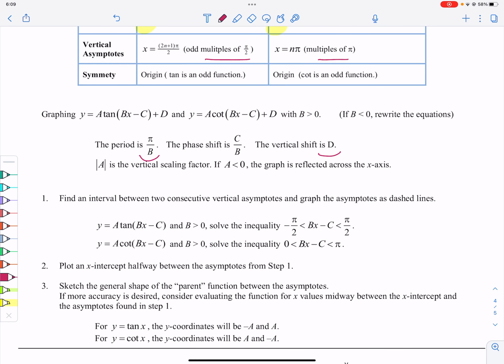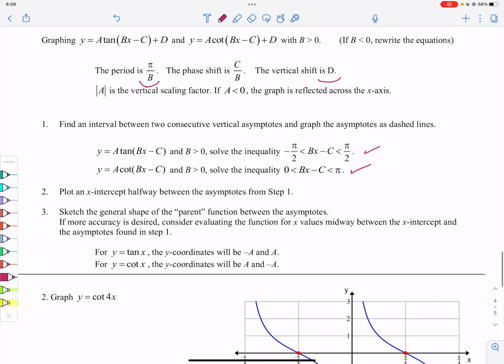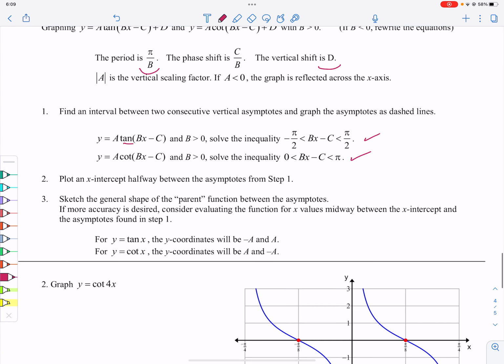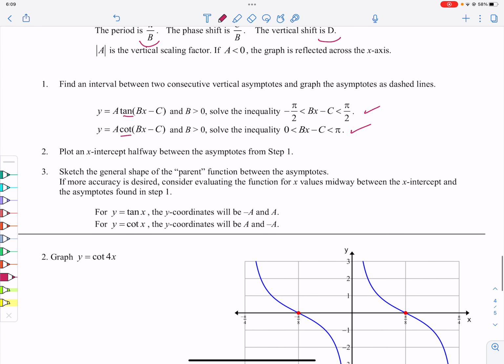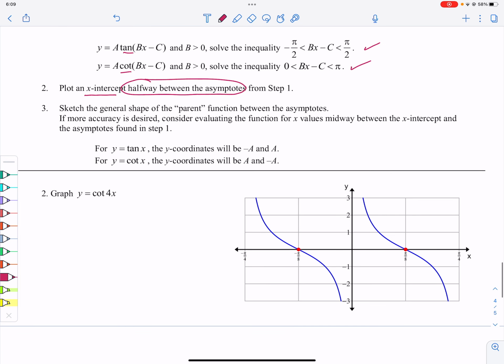And then we will have two consecutive vertical asymptotes and between those, we will be solving these inequalities for each one of these graphs, one for the tan and one for the cotan, okay? So we will always have an x-intercept halfway between the asymptotes, okay?